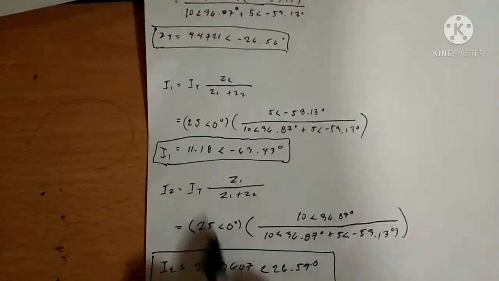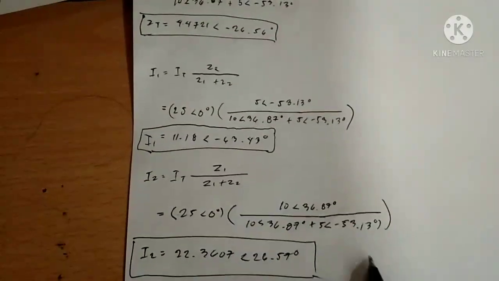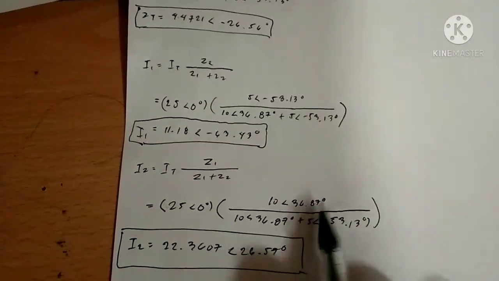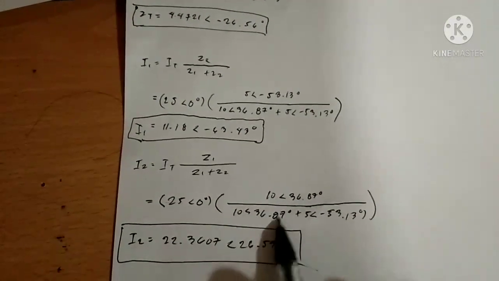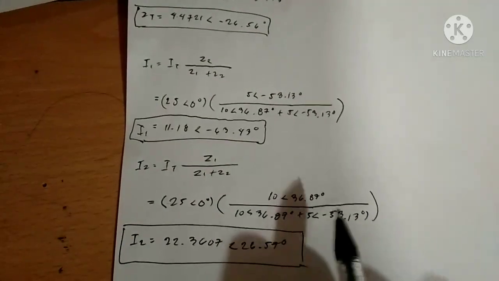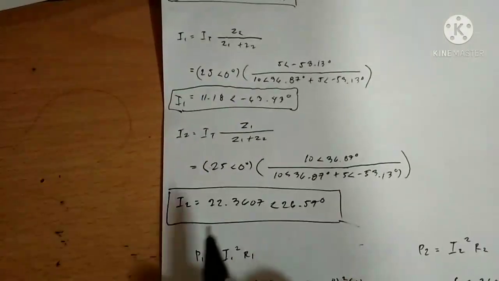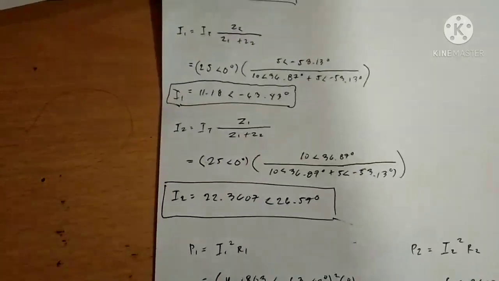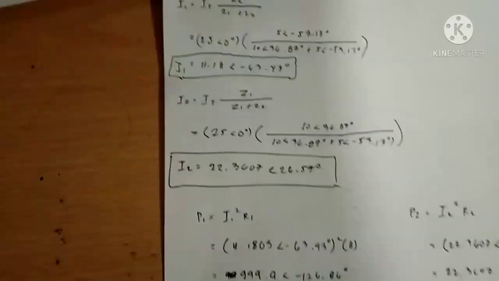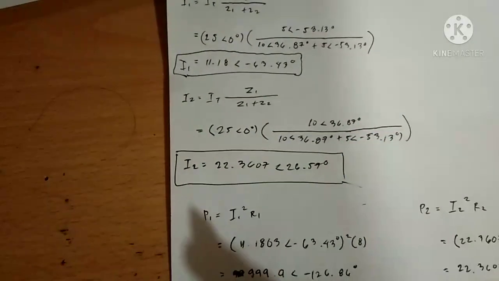We substitute the I total, which is 25 angle 0 degrees, times 10 angle 36.87 degrees over 10 angle 36.87 degrees plus 5 angle negative 53.13 degrees. If you calculate that correctly, it will equate to 22.3607 angle 26.57 degrees.